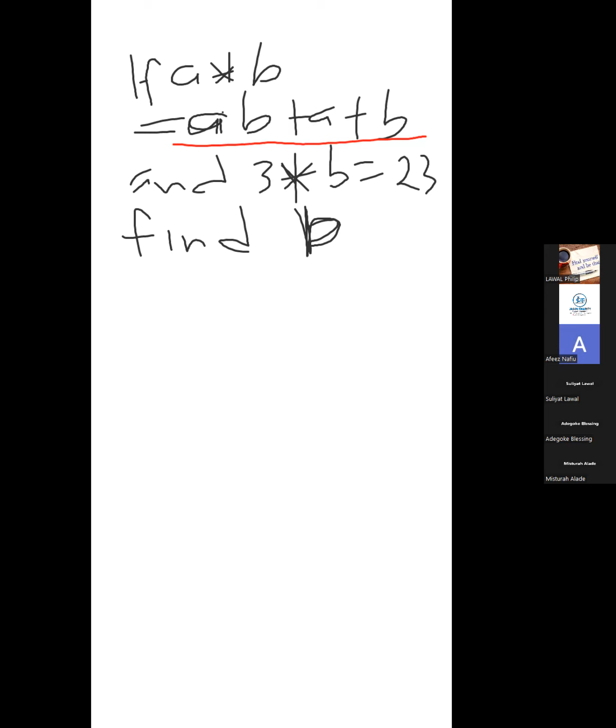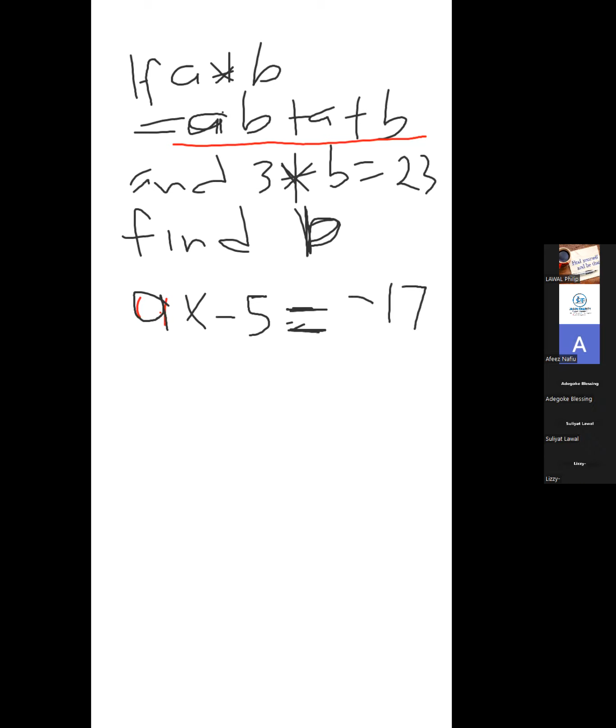If you have A, let me change the color. A star minus 5 now is equal to, what should I give you now? Let me see. Okay, minus 17.